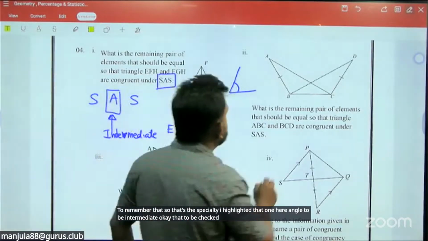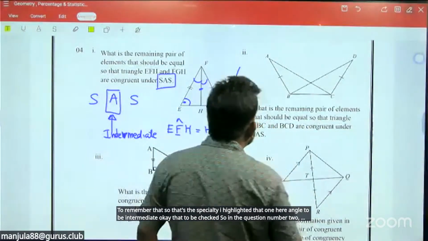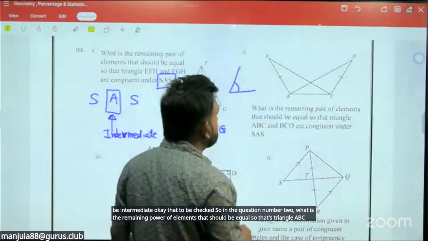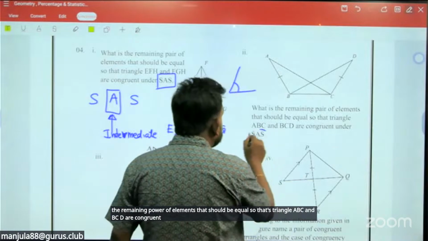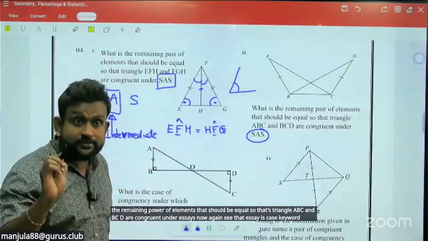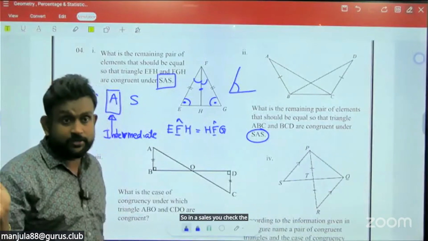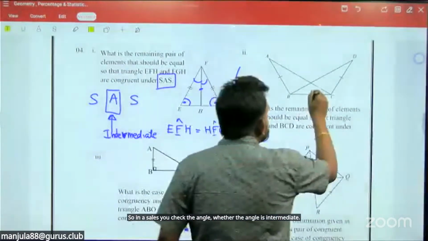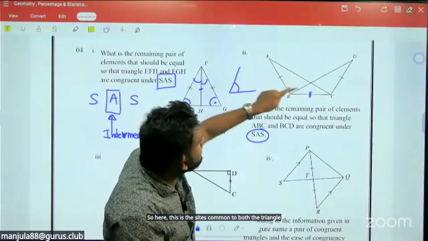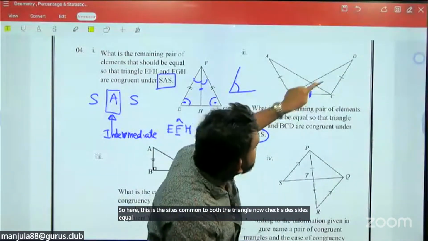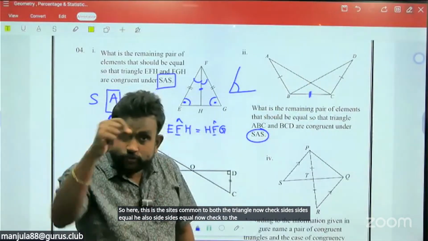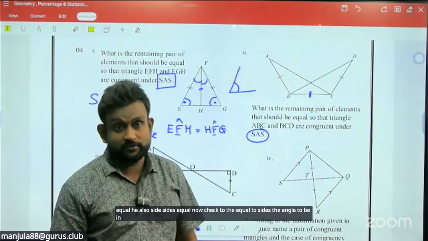So in question number 2, what is the remaining pair of elements that should be equal so that triangles ABC and BCD are congruent under SAS? Now again see that SAS case is given. So in SAS you check whether the angle is intermediate. Here this side is common to both triangles. Now check sides equal. Here also sides equal. Now check that the angle is in between the two equal sides.